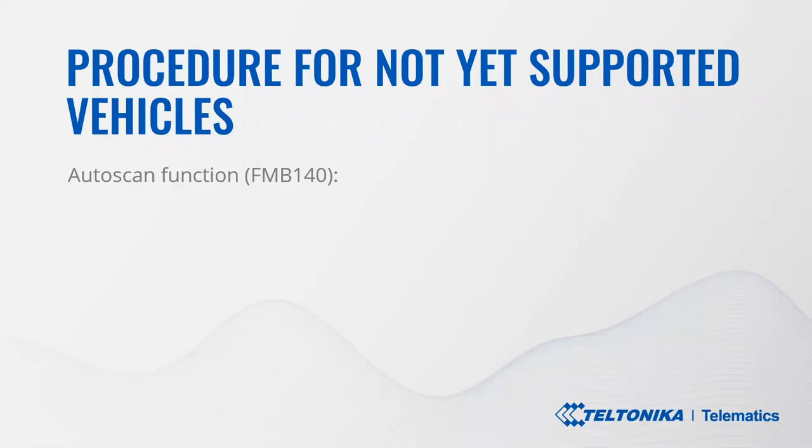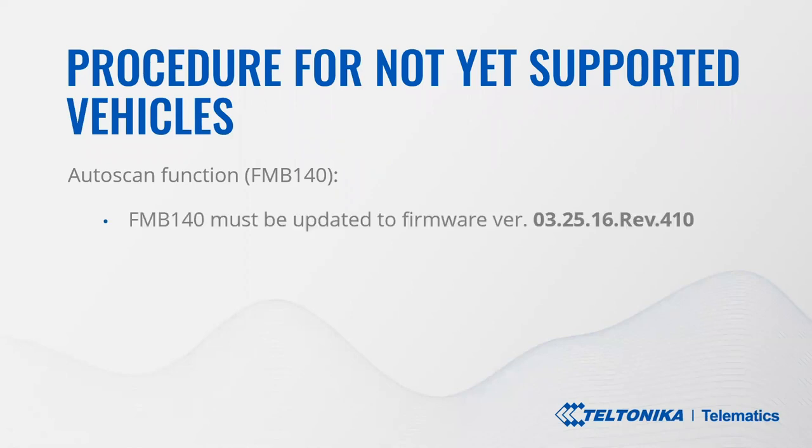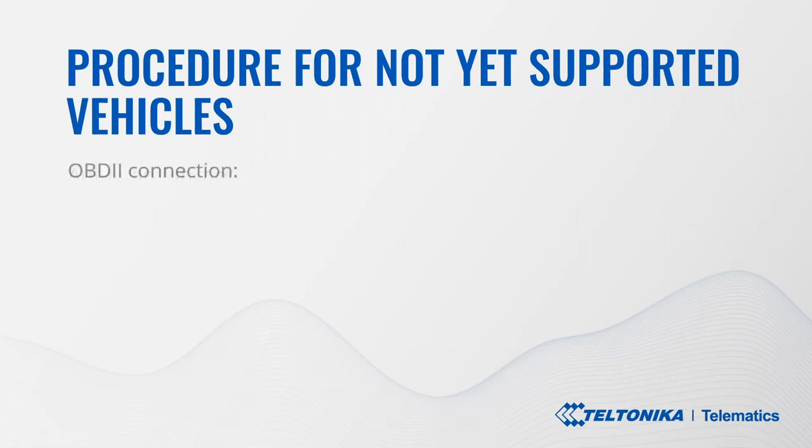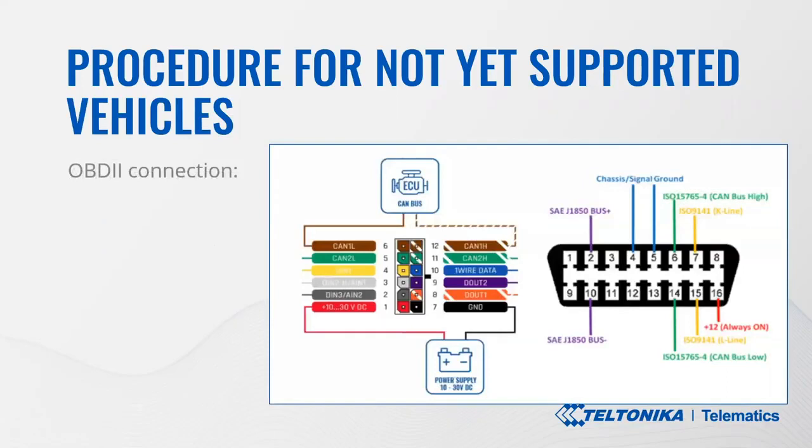To proceed with auto scan functions, we firstly would have to update the device to the recommended firmware version. And when connecting, of course, we should find the connection. The connection for scanning is usually done via the OBD port, so the diagnostic connector. We also have schematics where the connection should be made.